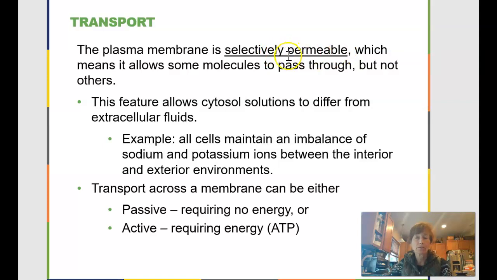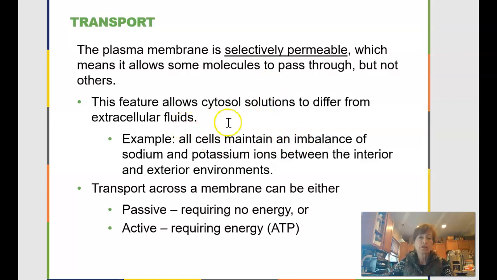There are some criteria that allow things to either freely pass through one way or the other, inside or out, or pass through under certain conditions. And then there are some things that cannot pass through, which will be impermeable. This is an important feature because it's so much of the control of what cells allow in or out.